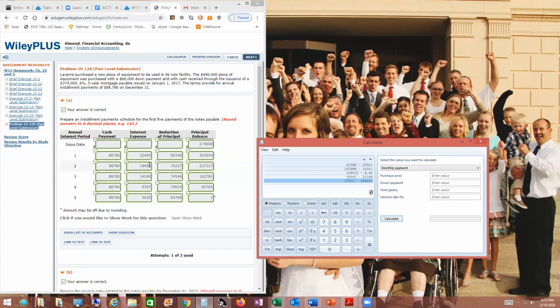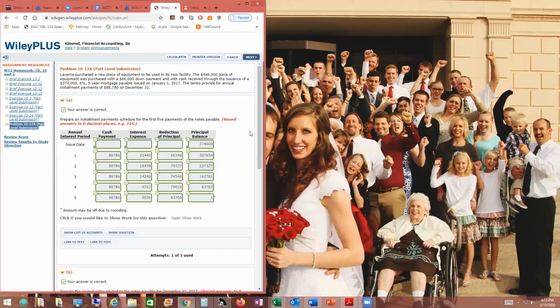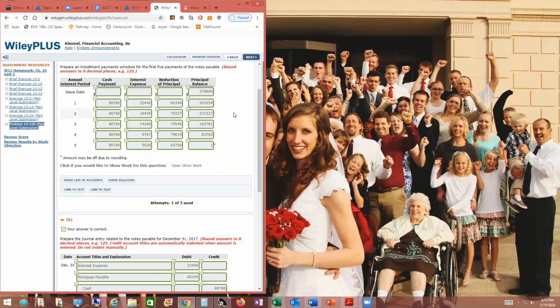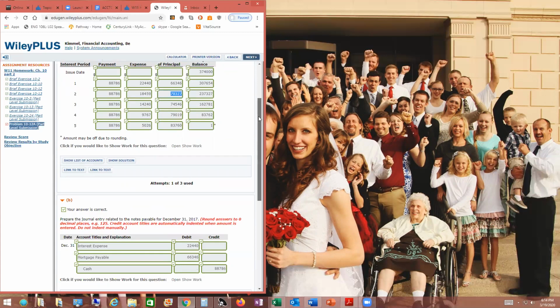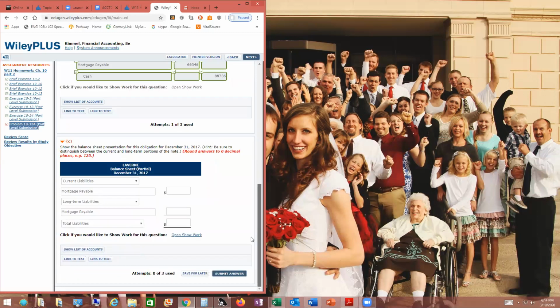The reduction in principal in year 2, which is the $70,327, represents the portion of that mortgage payable that is due in the next year. So that's the portion of it that's your current liability. So this 70 is the current one. Okay.